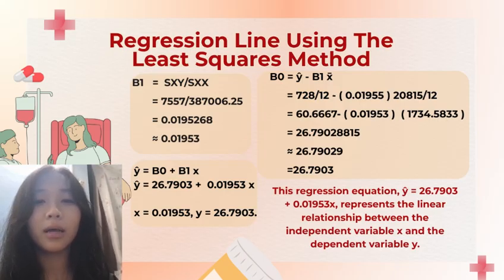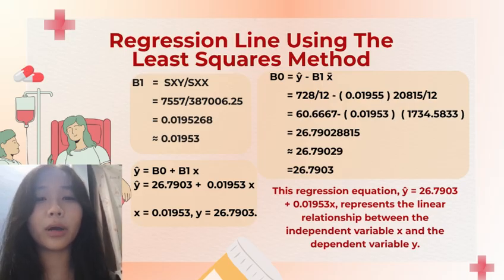20815 divided by 12. The answer will be 60.6667 minus 0.01953 in brackets 1734.5833, and the final answer will be 26.79028815, which can be shortened to 26.7903.